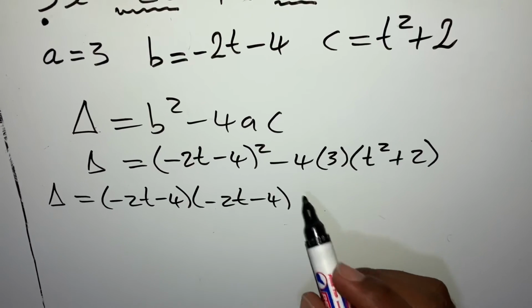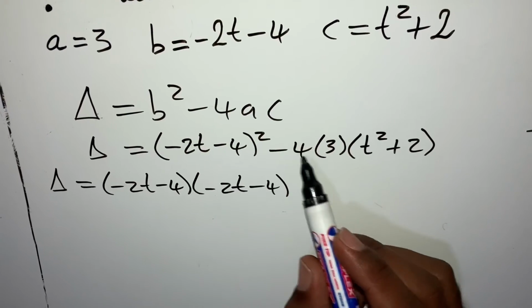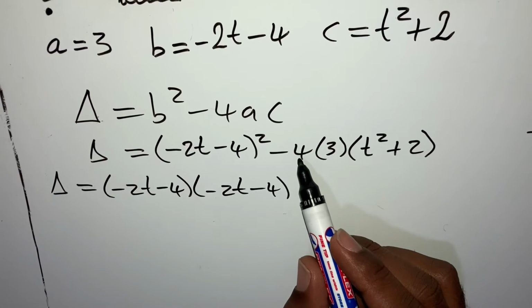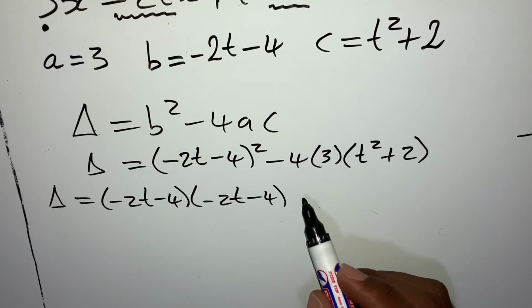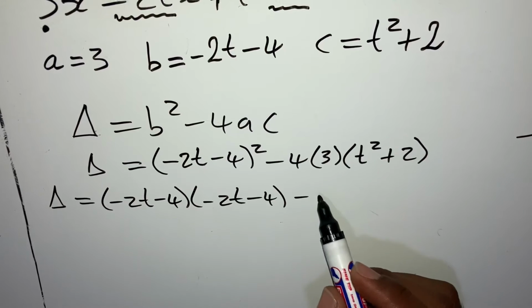Then from here, we multiply out these two. Minus 4 times 3, you get negative 12.